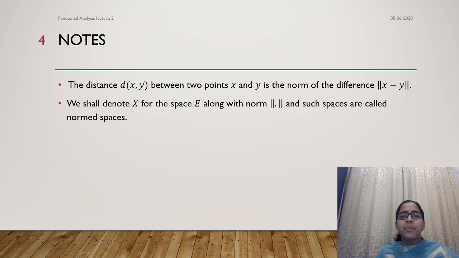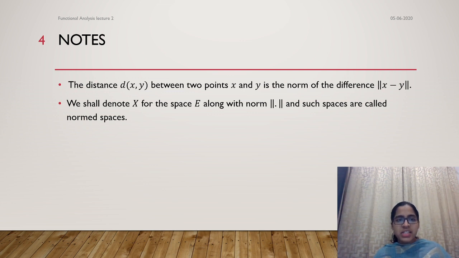Now, two things we can notice. The first is that we are introducing the concept of distance, so there must be a relation between distance and the norm that we have defined. The distance d of x, y between two points x and y is the norm of their difference. That is, d of x, y will be equal to norm of x minus y. Now, what is a norm space?